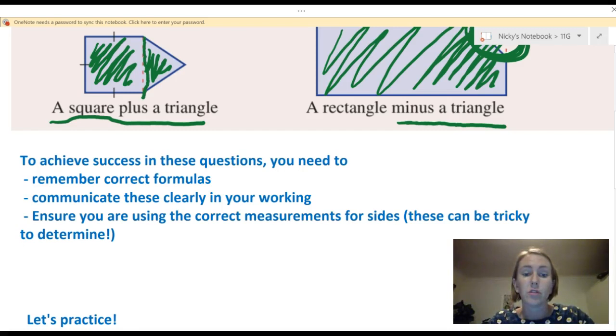And then make sure you're using the correct measurements for the different sides of the things you're trying to find, because a lot of the time you'll need to make a subtraction or an addition to work out a missing side length. Or there'll be information on the diagram that you don't actually need to answer the question, just to try and trick you a little bit more.